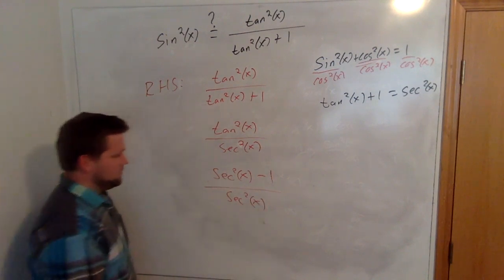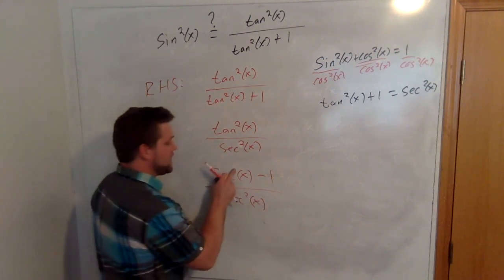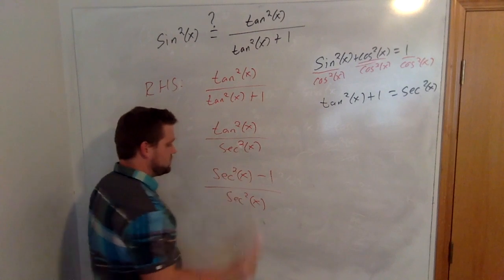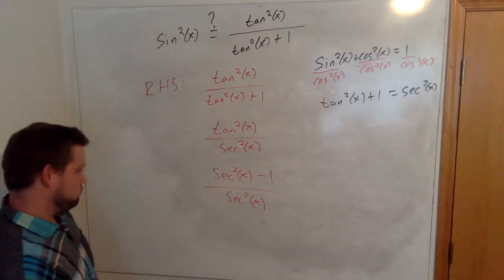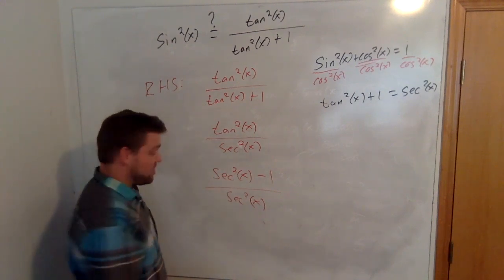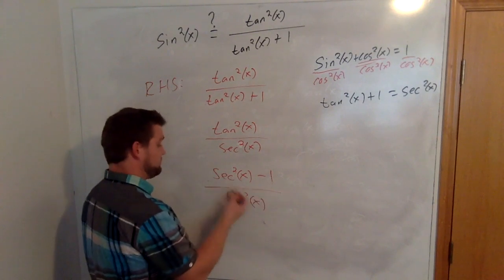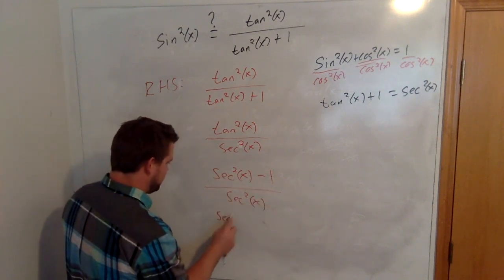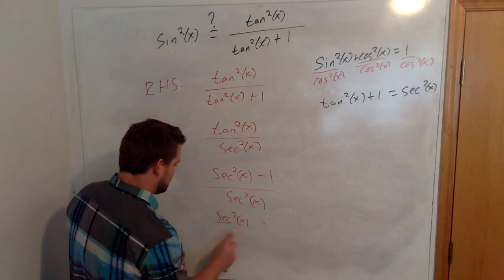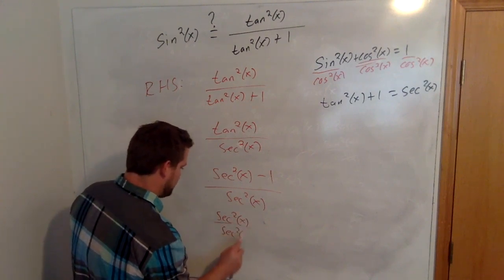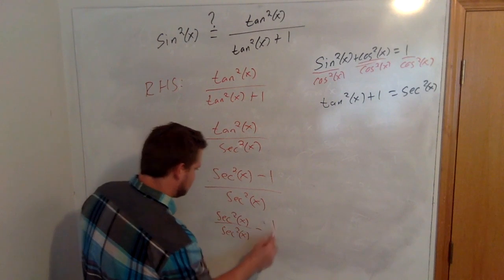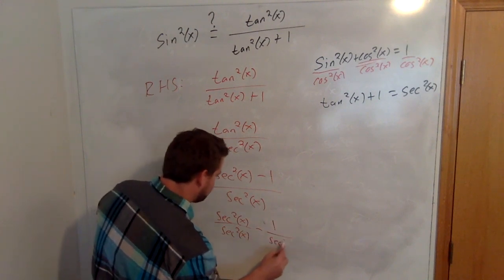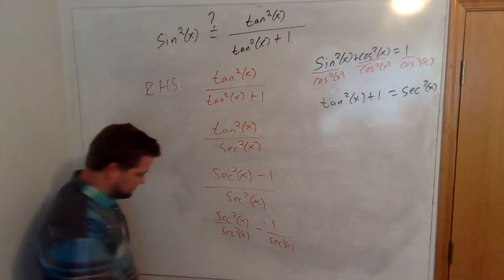Maybe this is where your playing around led you. What would I have done from here? The only thing screaming to try is to distribute the secant squared to these two pieces. So this would be secant squared of x all over secant squared of x minus 1 over secant squared of x.